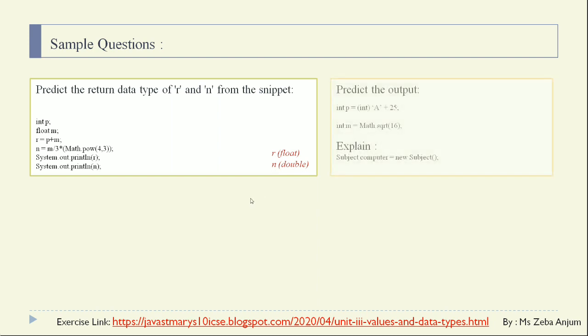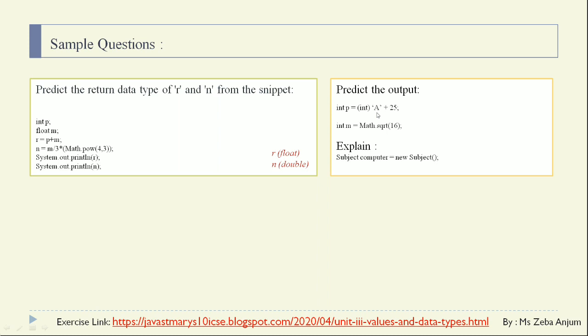Second type of question you will be seeing, you have to predict the output. See first line, int p equals to int a plus 25. If you see only this portion, then we can say that we are doing explicit type conversion over here. Yes, we have written int in the bracket and a. So if such kind of thing happens, then it means you have to find out the ASCII value of a.